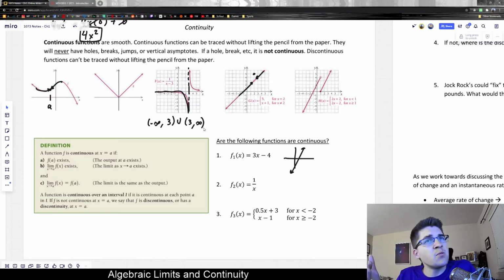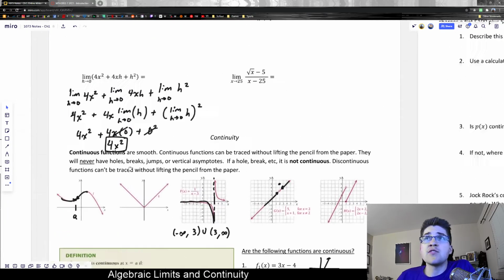And another reason why, in my mind, continuity is the most useful thing to know is because it makes limits a lot easier. If a function is continuous on an interval, that implies that its limit must be equal to the value of the function. So if you know something is continuous, that means you can use direct substitution to solve the limit. And also, if you look at the graph of a function and you can see that it's continuous, that means you can use direct substitution to find the limits.